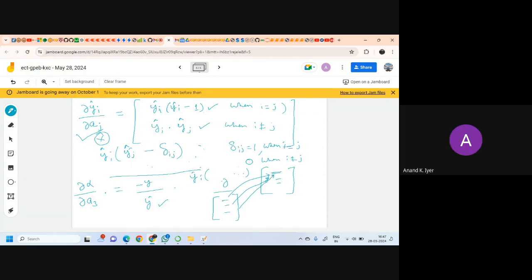In this case, for example, y1 hat is depending on a31, a32, a33. So can I just say i is basically the index in the y hat vector, and j is the index in the a vector? Yes, absolutely.